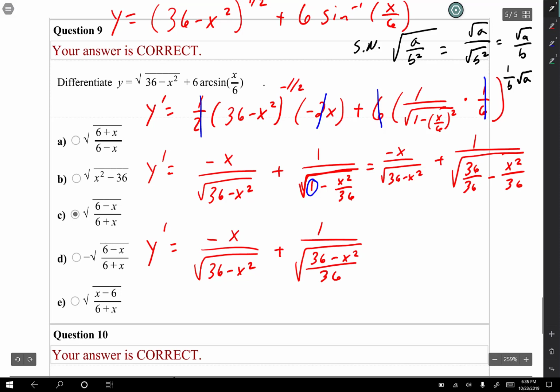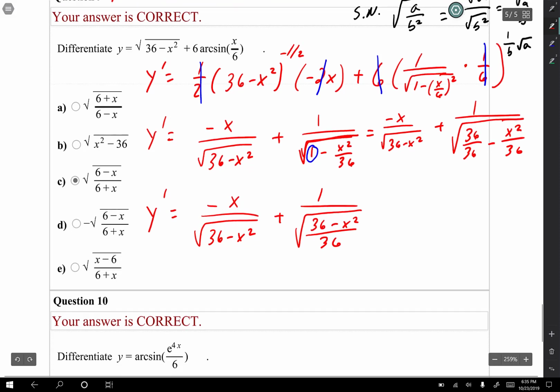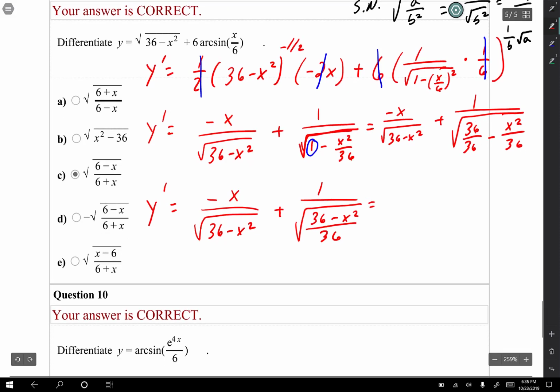That's a side note. All right, so now that we've said that side note, I have negative x over square root of 36 minus x squared plus 1 over, and that 36, the square root of 36 is 6, so I got to make sure that it stays in the bottom though. So there it is, 1/6 square root of 36 minus x squared. Okay, how do we feel so far, guys?